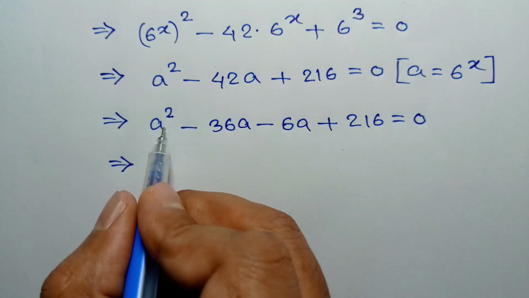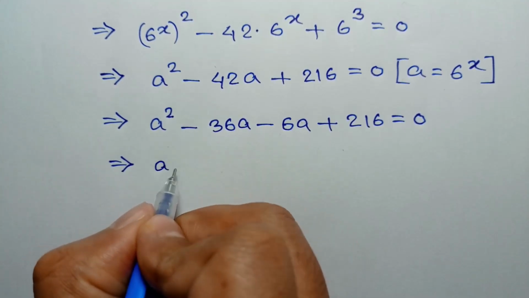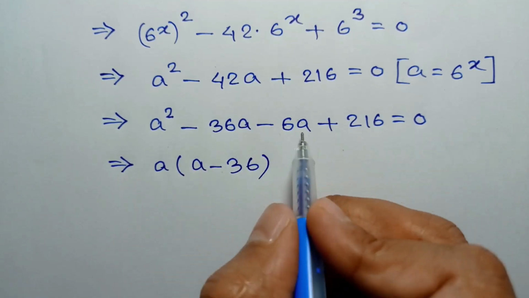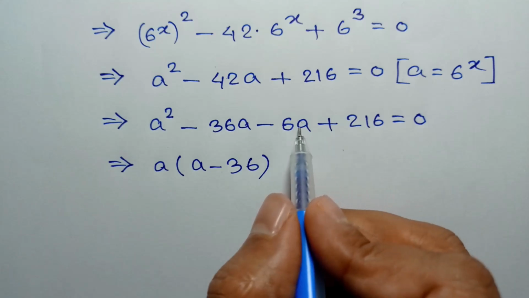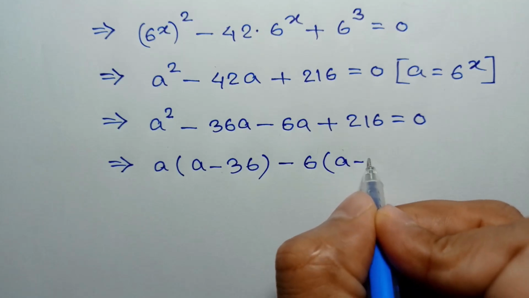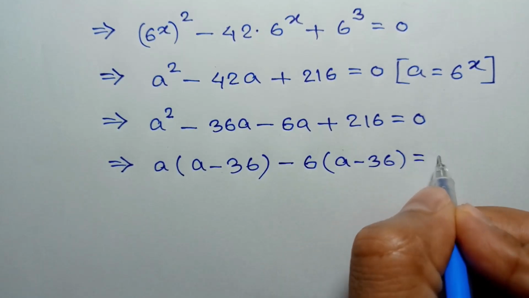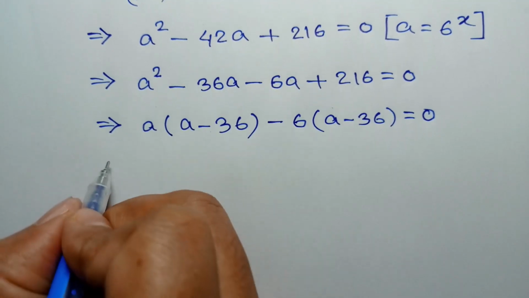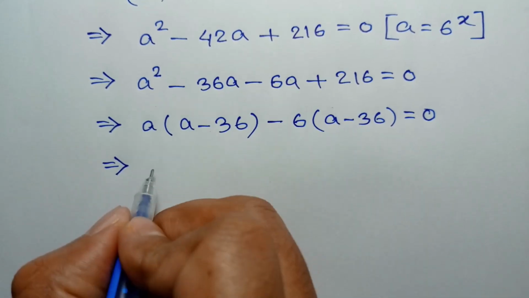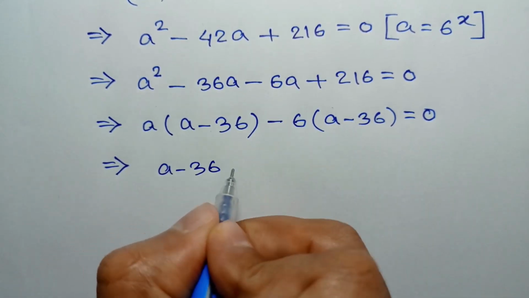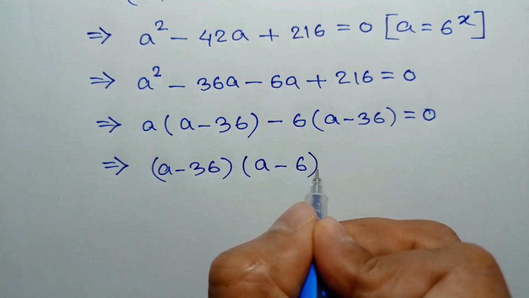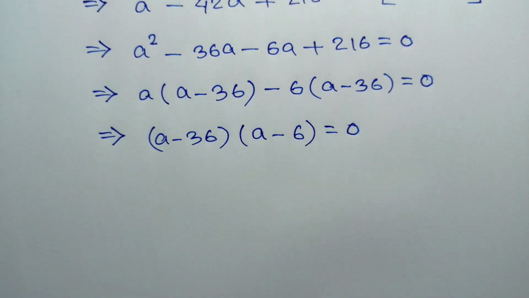or taking common a from the first two terms we can write a times a minus 36, and taking common negative 6 from the last two terms we can write negative 6 times a minus 36 is equal to 0, or taking common a minus 36 we can write a minus 36 times a minus 6 is equal to 0.